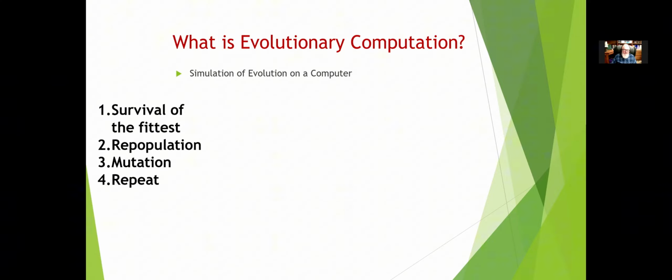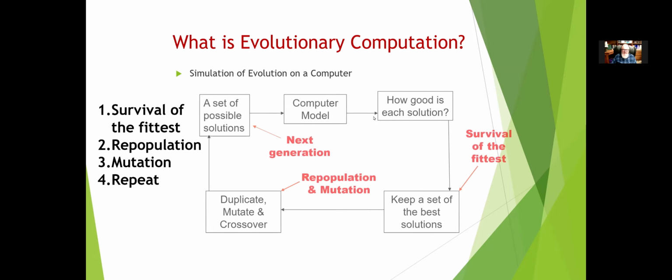So let's talk about whether it's a science or not. Again, survival of the fittest, repopulation, and then you repeat. So here is kind of a block diagram. You start with a set of possible solutions. This can be random, or if you have domain expertise, it can be close to your solution. And you go to a computer model and then you say, how good is each search? So we're talking about evolutionary computation now, which is evolution on a computer.